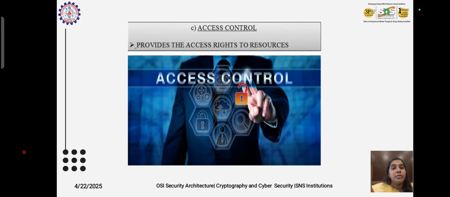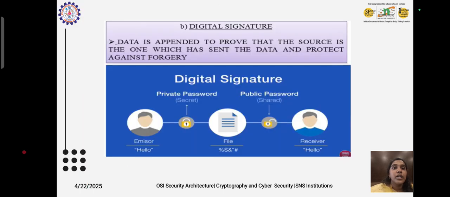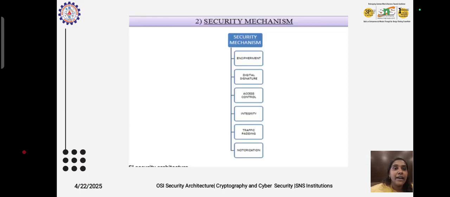The admin has certain access rights to certain resources, whereas faculty can access only those resources meant for them. Students have limited access to resources, and students can't access the faculty's resources, whereas faculty can access what students use. Limitations and access control apply whenever accessing the resources. These all come under the security mechanisms used in the OSI architecture.